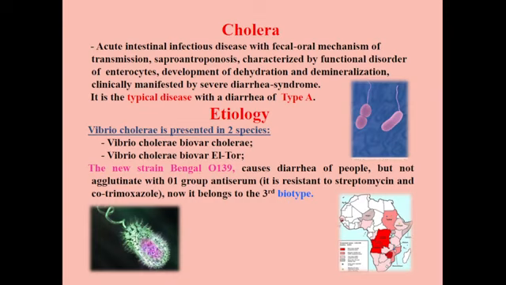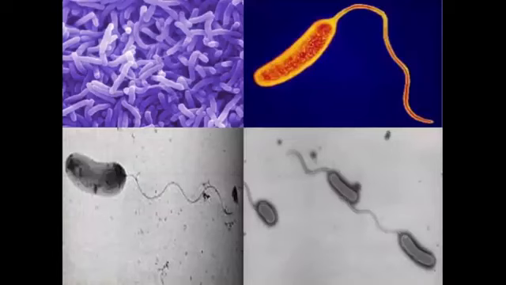Etiology. Vibrio cholerae is present in 2 species, Vibrio cholerae biovar El Tor and Vibrio cholerae biovar cholerae. The new strain Bengal O139 causes diarrhea in people but does not agglutinate with O1 group antiserum. It is resistant to streptomycin and cotrimoxazole. Now it belongs to the 3rd biotype.